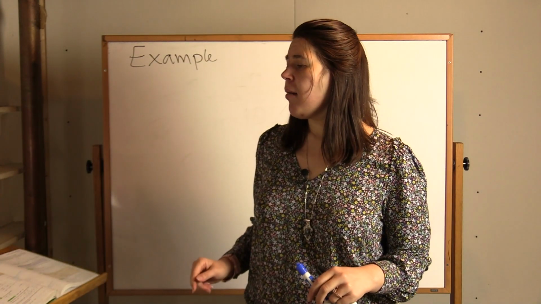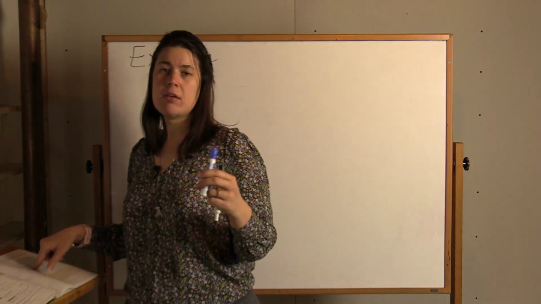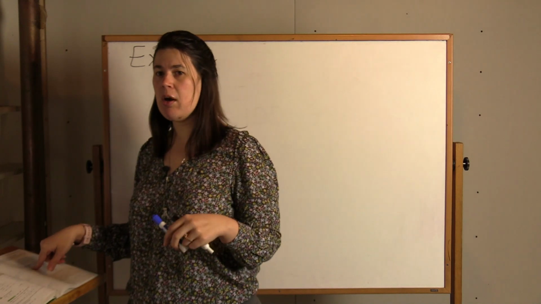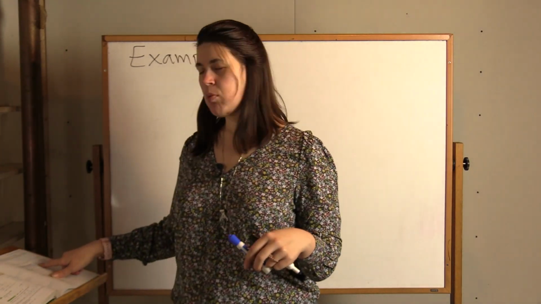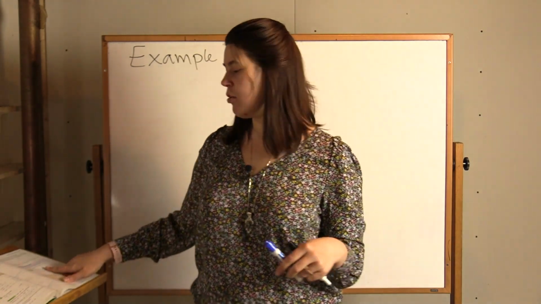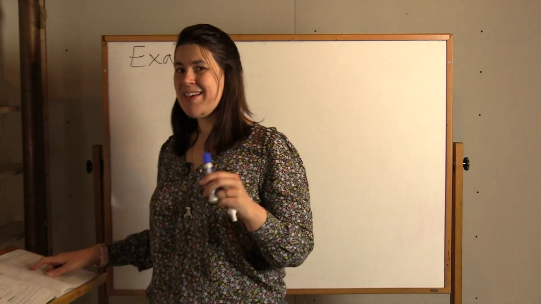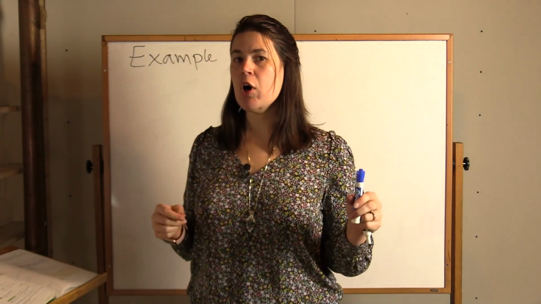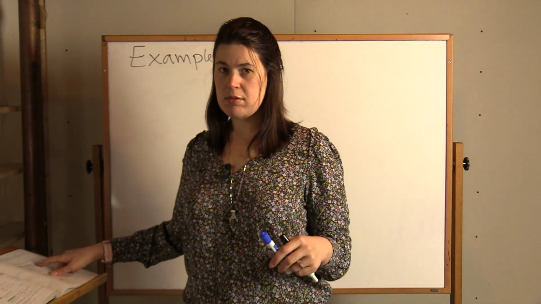So before we do the practice problem, I'm going to talk about how we know what the difference is. If you look at it, notice that everything between a perfect cube plus a perfect cube and a perfect cube minus a perfect cube is almost the same except the signs. The only thing that's different is the first two signs.